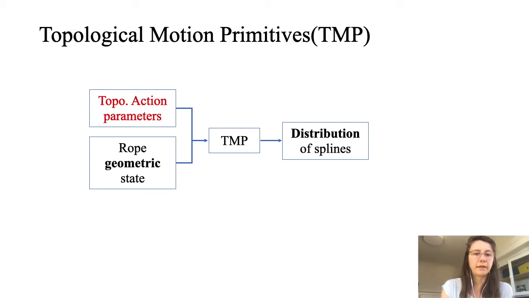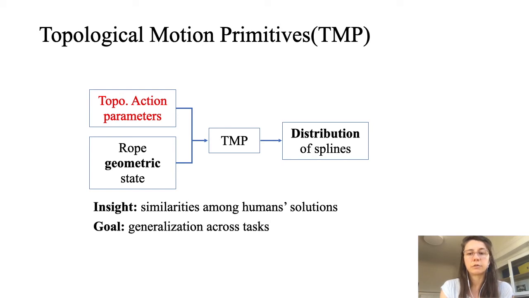So we designed a joint representation of rope geometric state and the topological action parameters as the input to the motion primitives. The representation helps the motion primitives learn the similarities of motion strategies we observed among human demonstrations of different topological actions and facilitates generalization across topological actions as well.